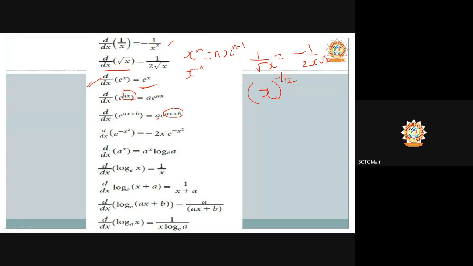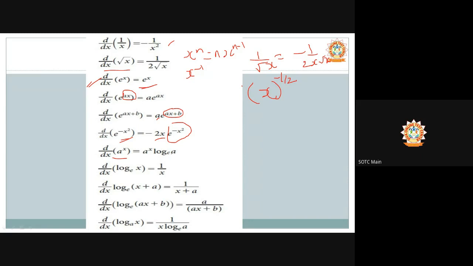For ax it is a and for b it is 0, right? This is also function of function: d by dx of e power minus x square will be e power minus x square, and take the differentiation of minus x square, which comes to minus 2x, right?